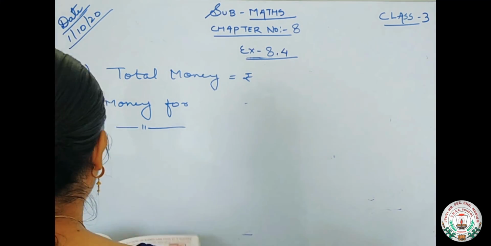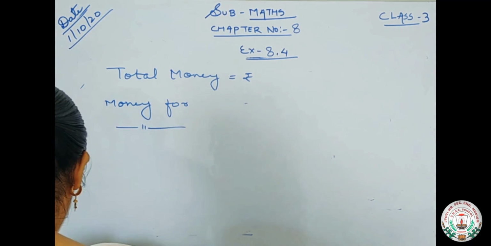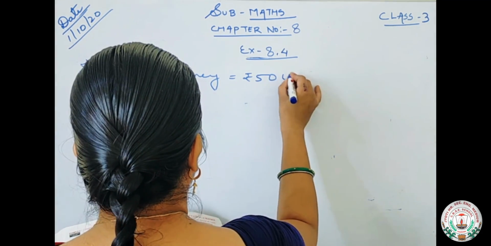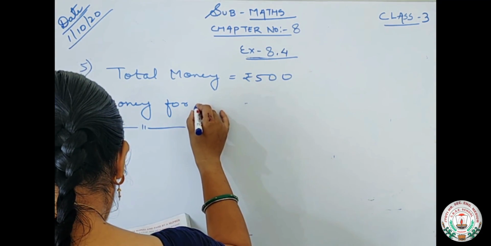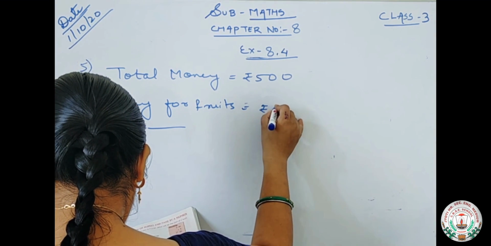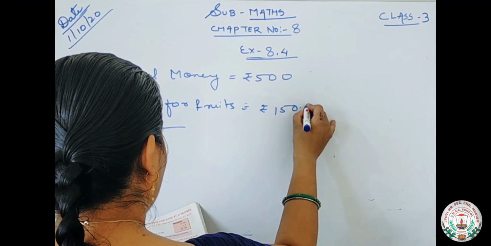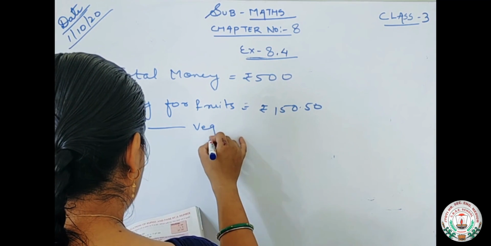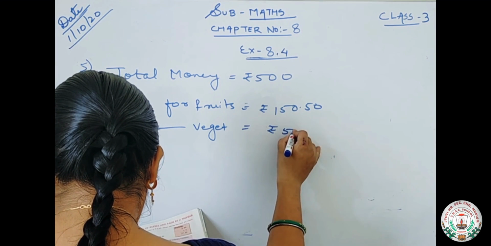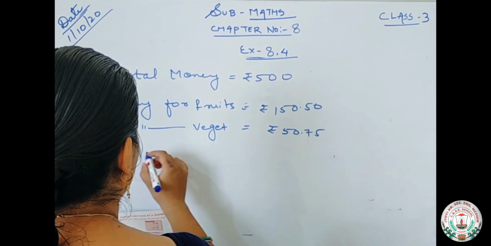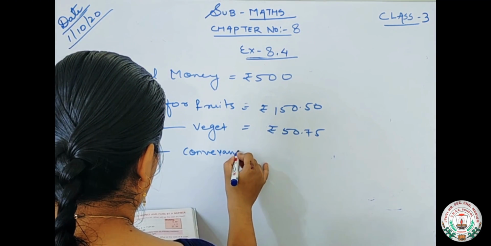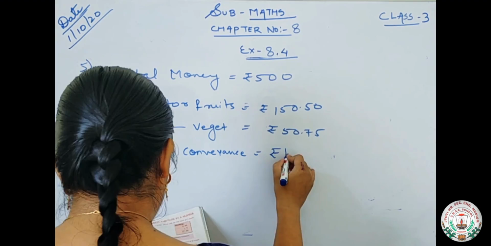So what is the total money Sheila had? Rupees 500. Money spent for fruits: rupees 150.50. Money spent for vegetables: rupees 50.75. Money spent on convenience: rupees 15.